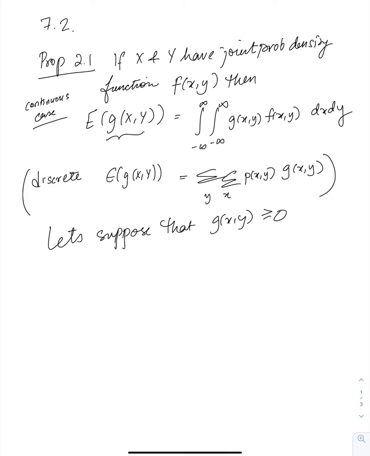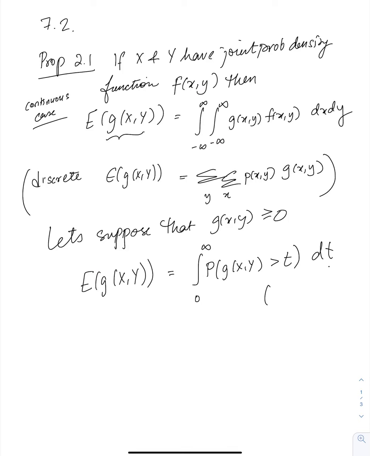The lemma we saw is that if you had a non-negative random variable, then its expected value was the integral from 0 to infinity of the probability that that function was bigger than t, dt, and you integrate t going from 0 to infinity. Okay, so this was something we saw in chapter 5.